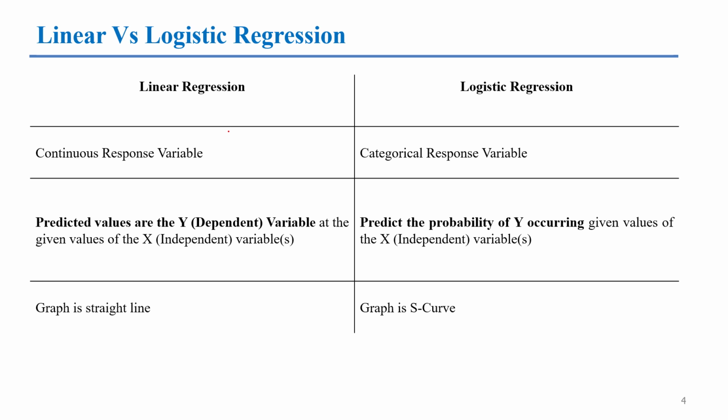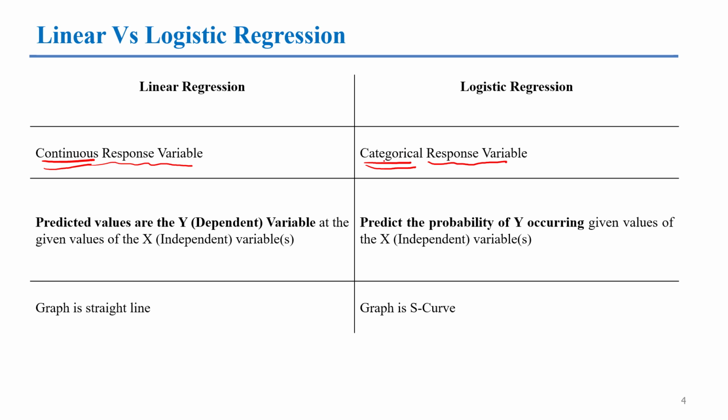Now, what is the difference between linear and logistic regression? One difference we have already discussed: in linear regression, the response or dependent variable must be of a quantitative nature or a continuous type, whereas in logistic regression, the response variable must have a categorical or attribute form.